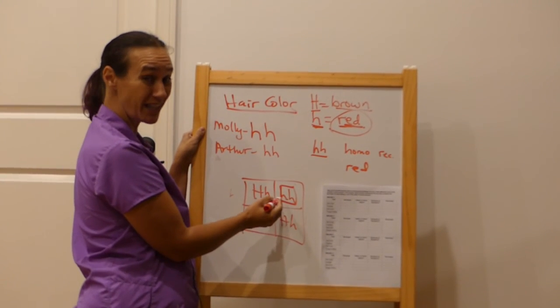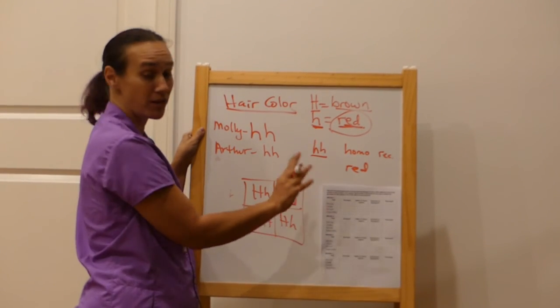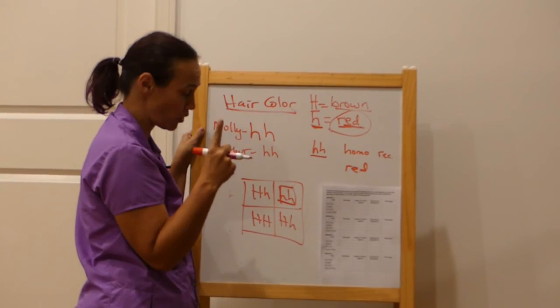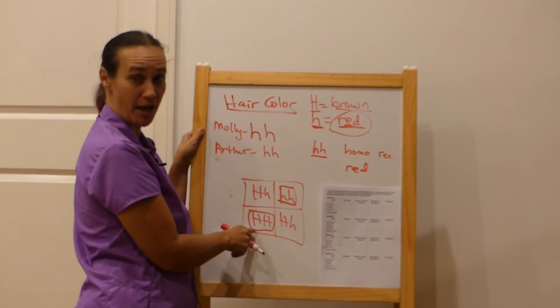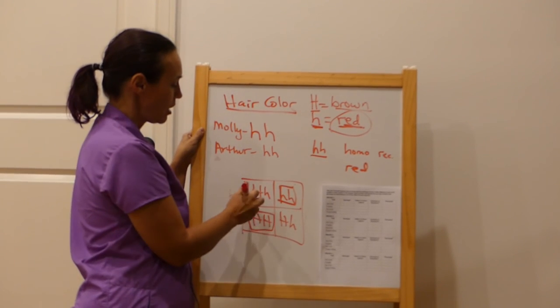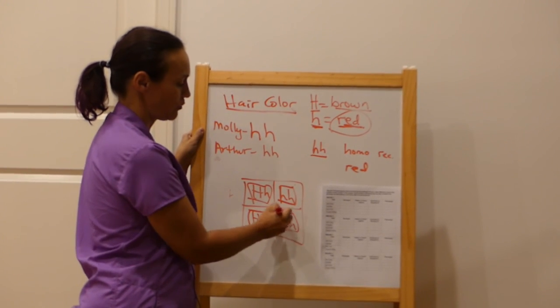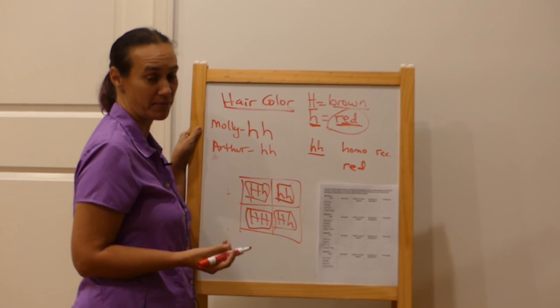There's only one little h, so we would not assign that to another sibling. Okay, it doesn't matter which sibling you give it to, but only give it to one. Okay, there's only one genotype for capital H, so then you would assign that one capital H. And then this one for the third one, this one for the fourth one. Okay? If you have any problems, make sure you ask me and I'll help you out.